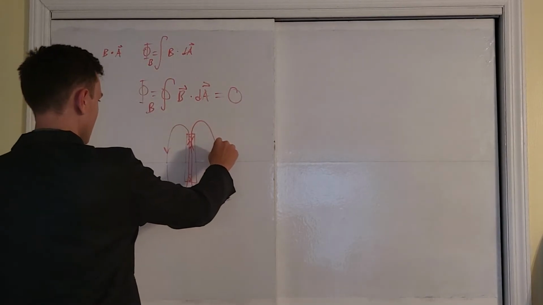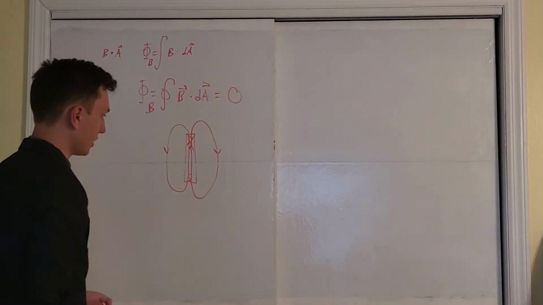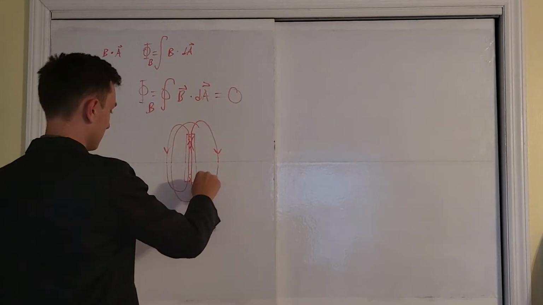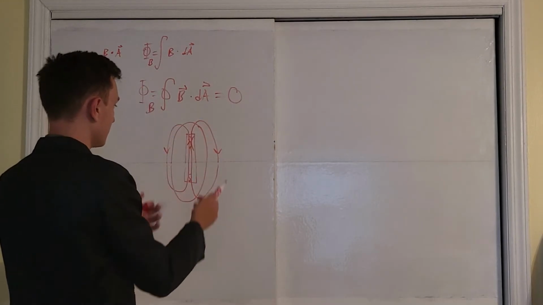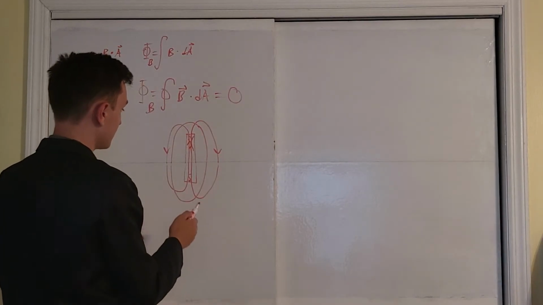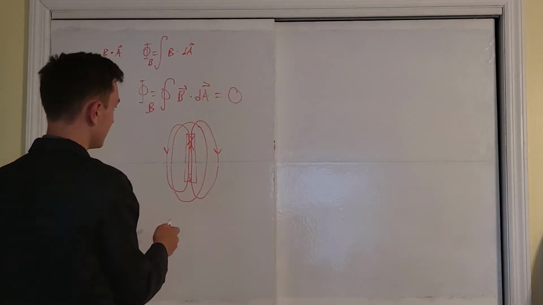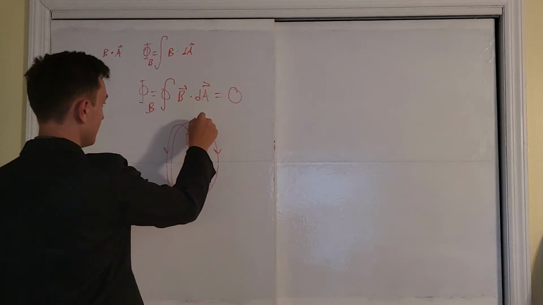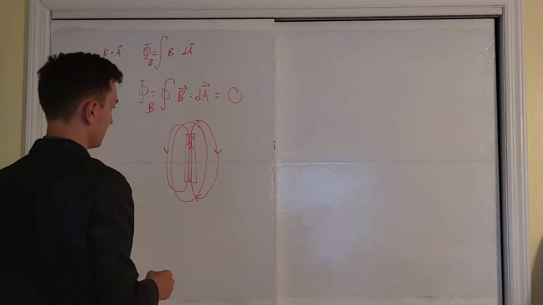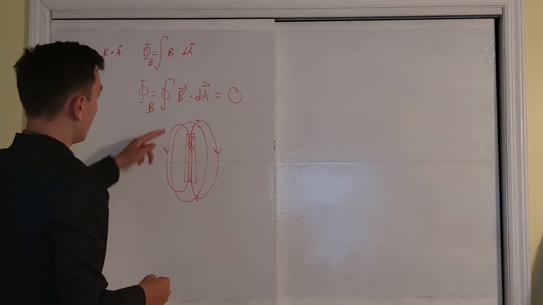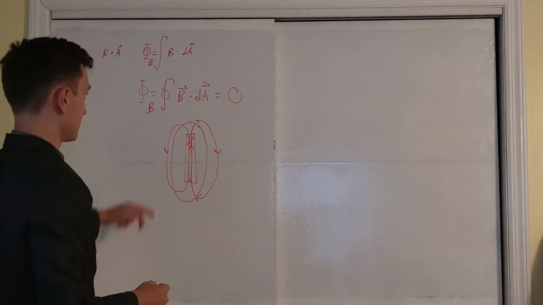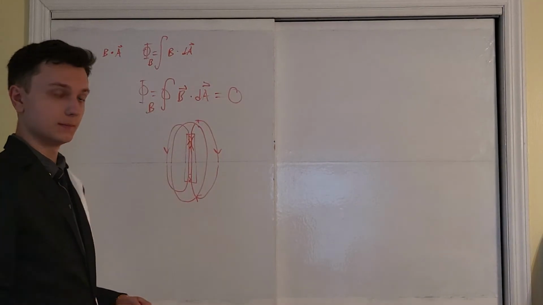So if I were to draw a Gaussian surface, a sphere, rather, if I were to draw a Gaussian sphere through any point centered on my magnet, you would see that every magnetic field line that leaves also enters. Therefore, all flux that escapes the Gaussian surface re-enters the Gaussian surface. Therefore, net flux is always zero.